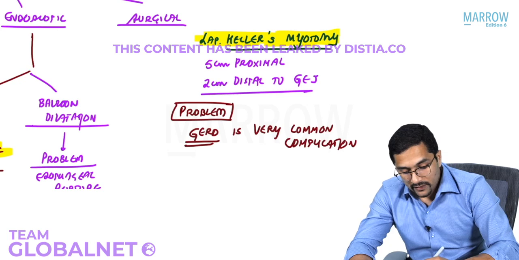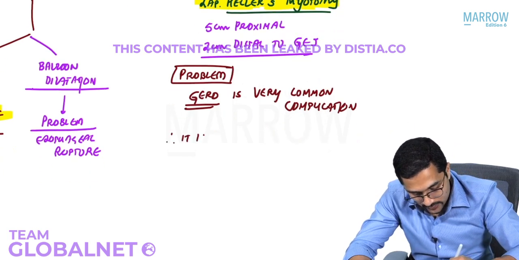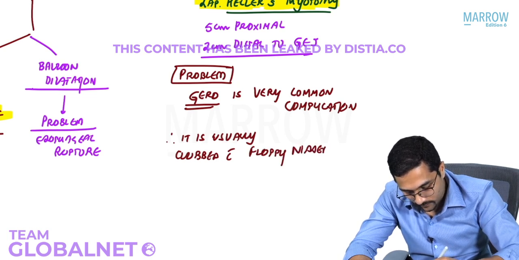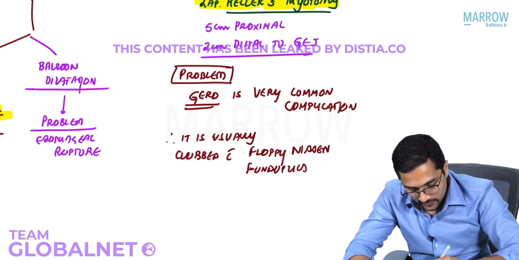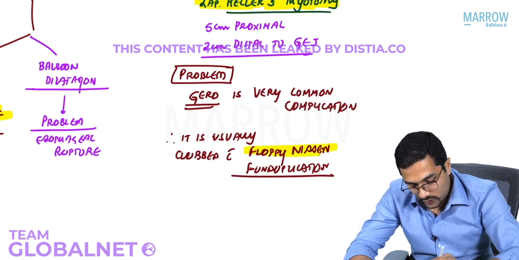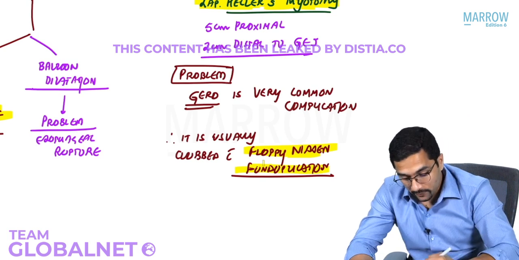That is why we usually club a lap Heller's myotomy with a floppy Nissen's fundoplication, so that GERD does not develop in almost all patients, right? So this was regarding laparoscopic Heller's myotomy.